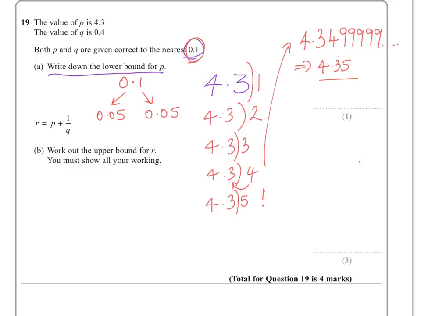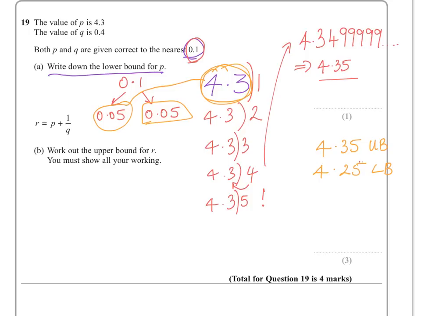And all you have to do to find the upper and lower bound is take the number you started with, in this case 4.3, and then you can add 0.05 to it to get 4.35, and that would be the upper bound. And then you can take the number again, 4.3, and take 0.05 away, and in this case you'd get 4.25, which would be the lower bound.